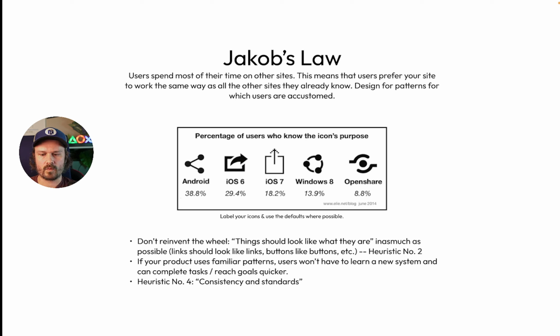So when they engage with your product, they come to it with a set of expectations, and they expect your product to work in the same way that other sites or apps that they spend the majority of their time on work, basically the same way.